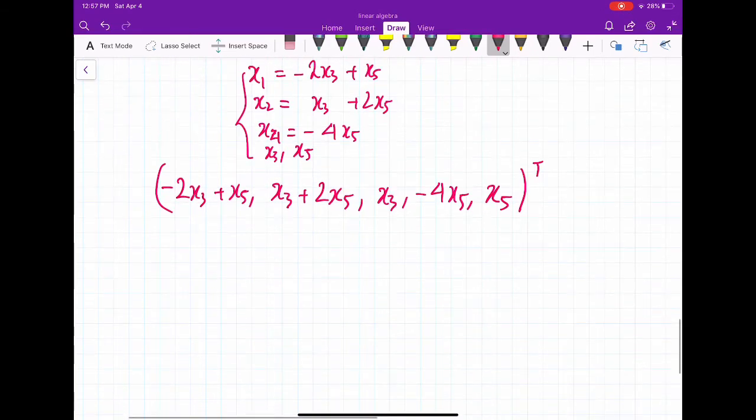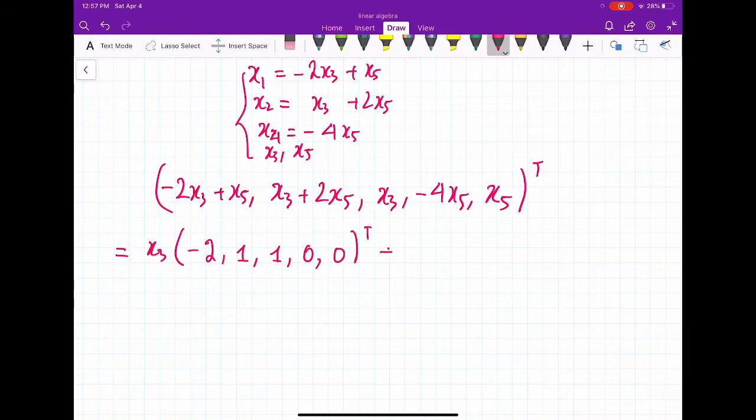Now you can separate x3 and x5. You get the following: x3 times (-2, 1, 1, 0, 0) transpose, plus x5 times (1, 2, 0, -4, 1) transpose.